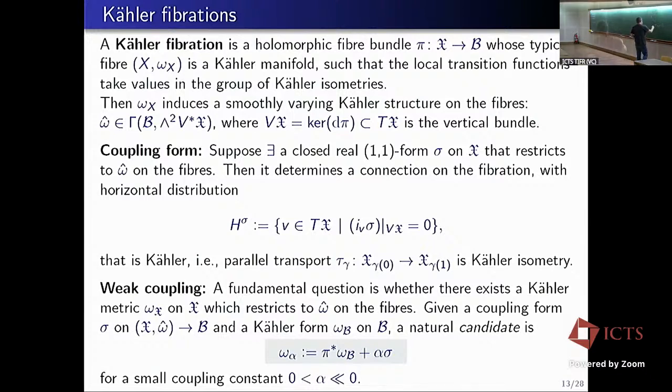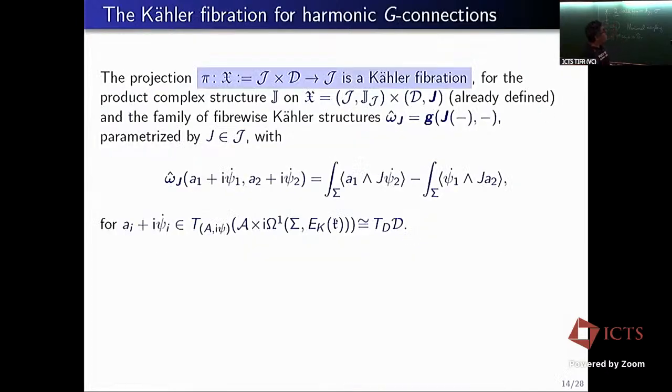So this is called minimal coupling, or weak, because alpha may be very small. So we apply it to this harmonic map setting, to obtain these harmonic equations, but coupled to complex structures.